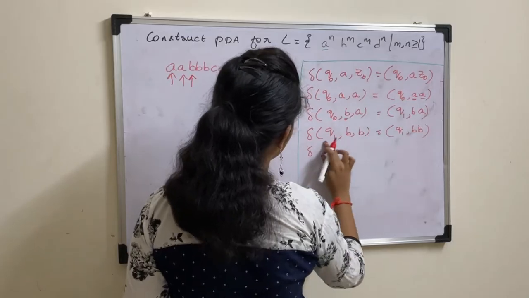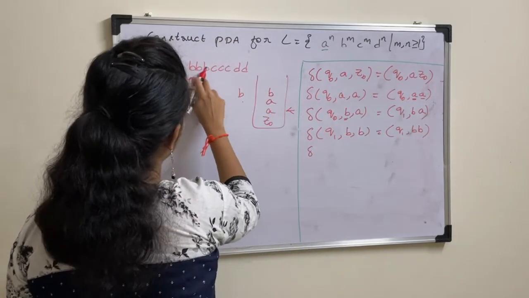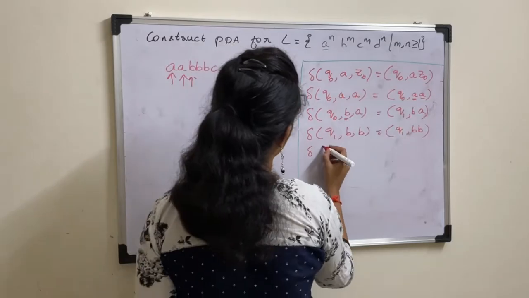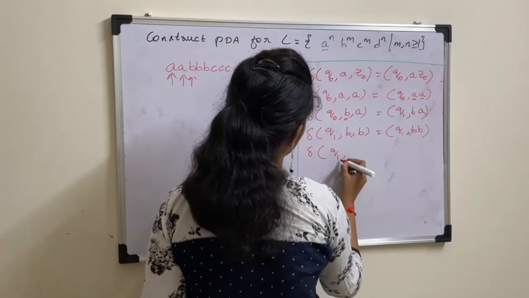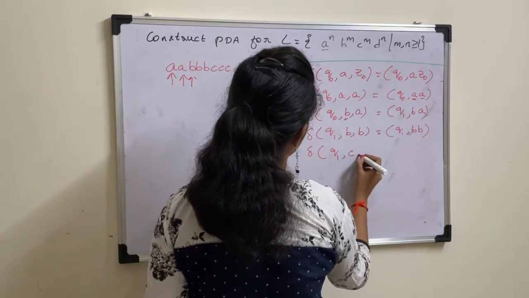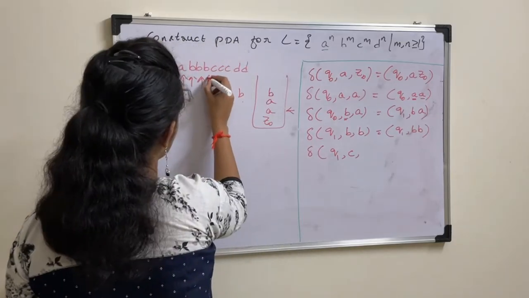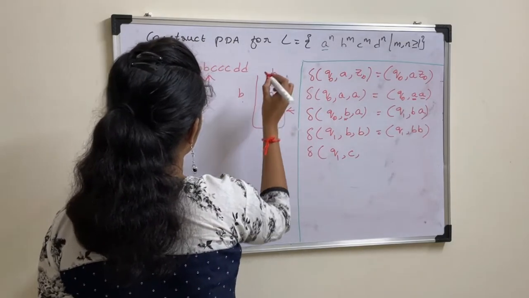This will be the same for any number of B's, so no need to write it again. So push all 3 B's onto the stack.